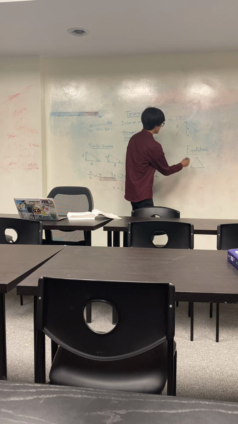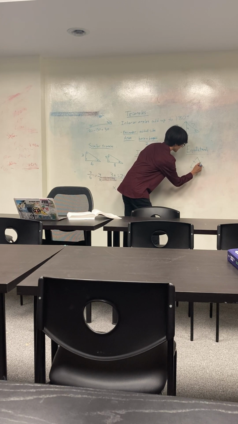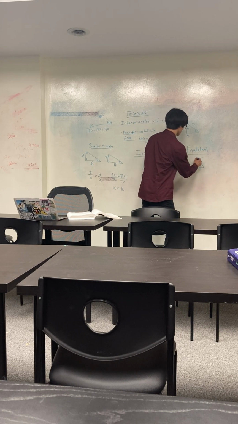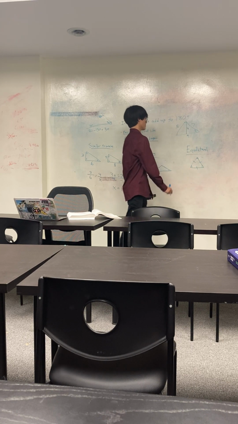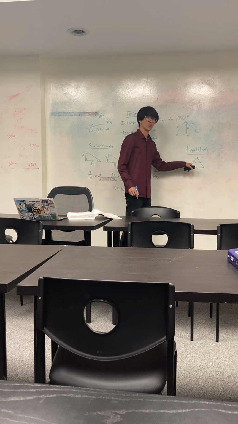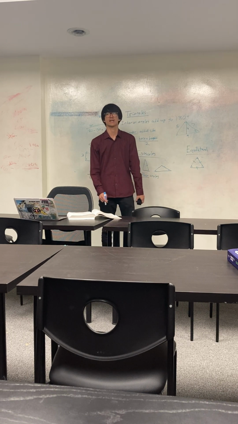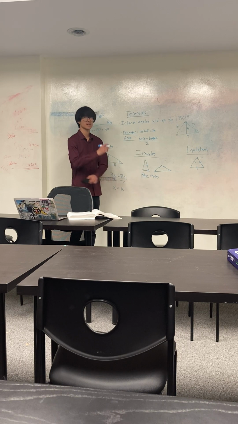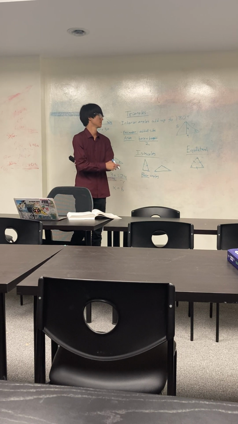All three sides are equal, which means that all three angles are equal. So based on what we know about triangles, what's the measure of one of the angles in an equilateral triangle, if all three angles are the same?